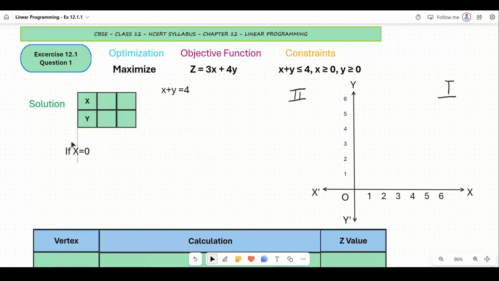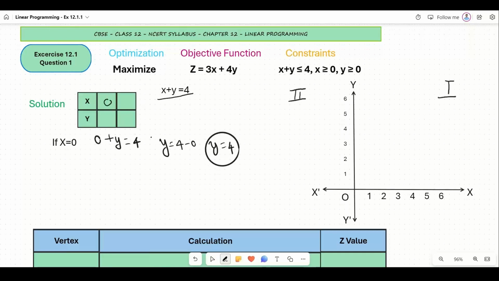So 0 plus y is equal to 4. We are substituting x by 0 in this particular formula, right? When the 0 goes to this side, it will be 4 minus 0. So the answer that we have got is y is equal to 4.